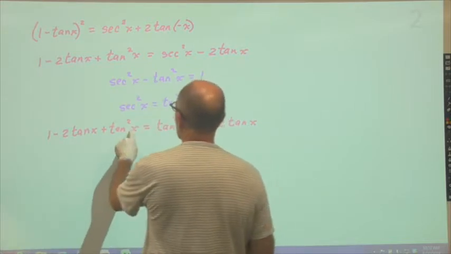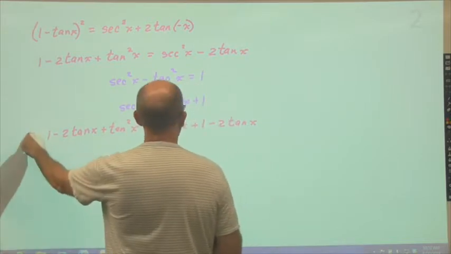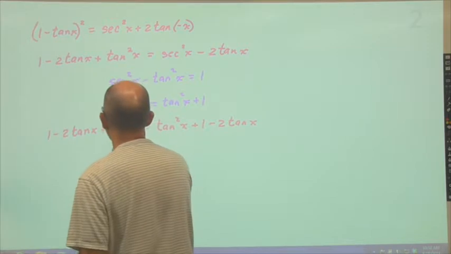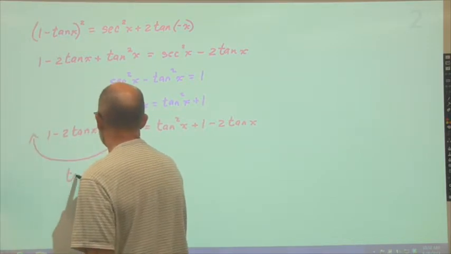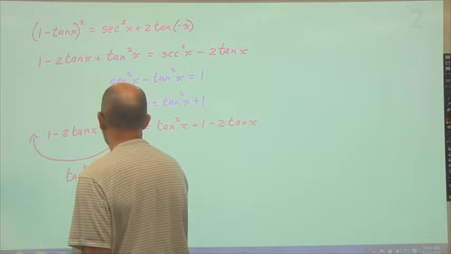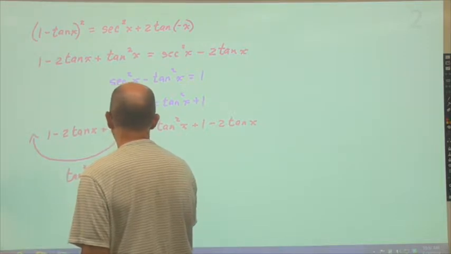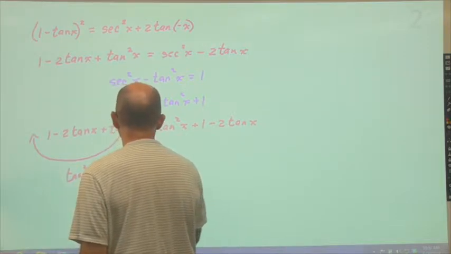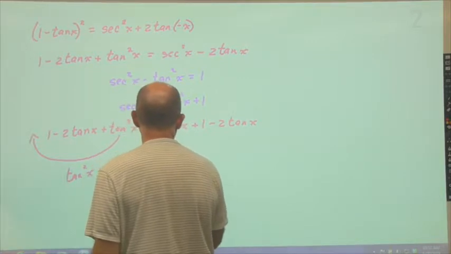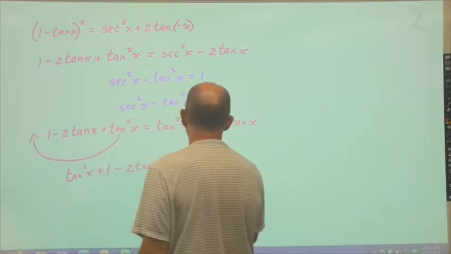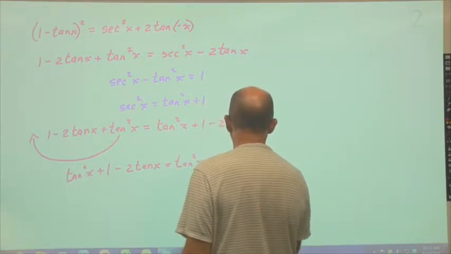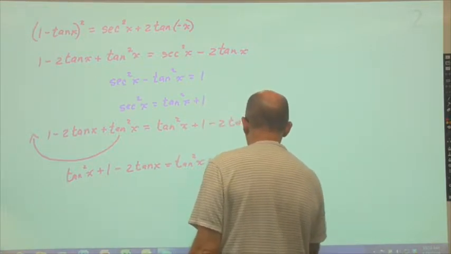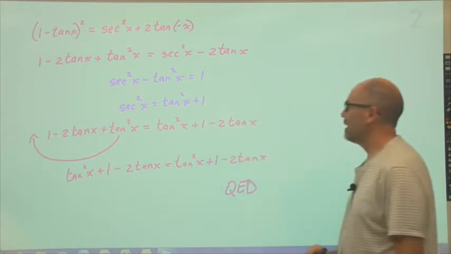Let's just put the tangent squared over here. If we slide this over to here, then I've got tangent squared x plus 1 minus 2 tangent x equals tangent squared x plus 1 minus 2 tangent x. That's it. QED. Game over.